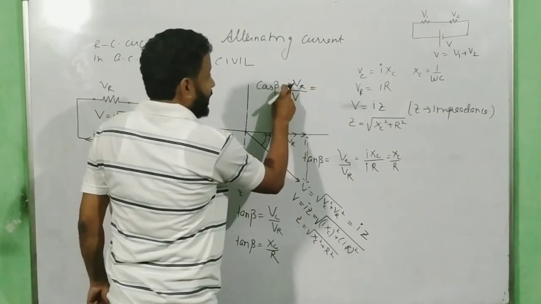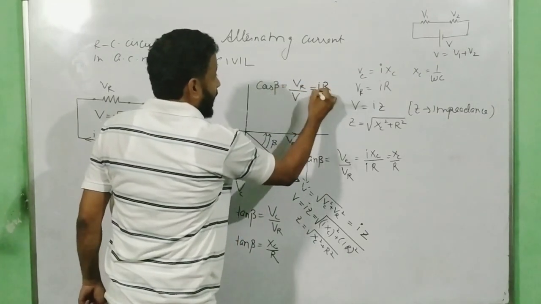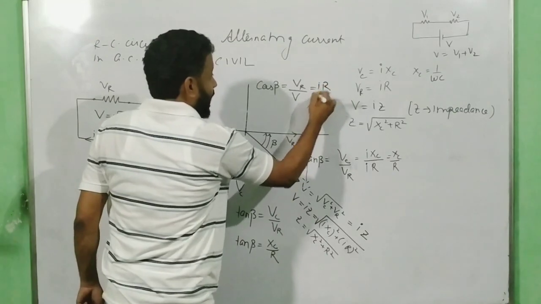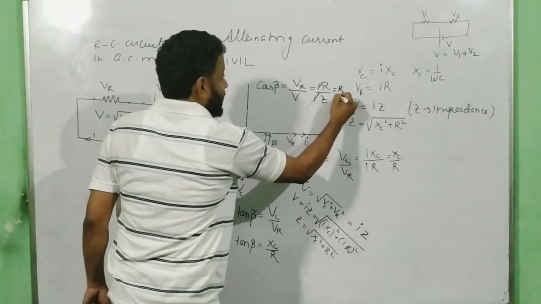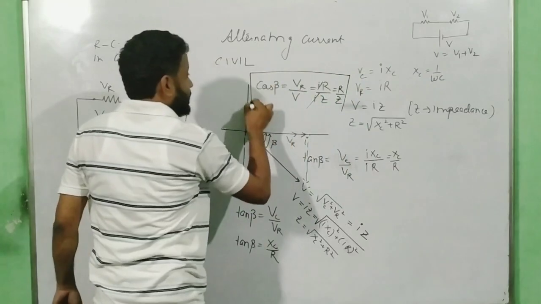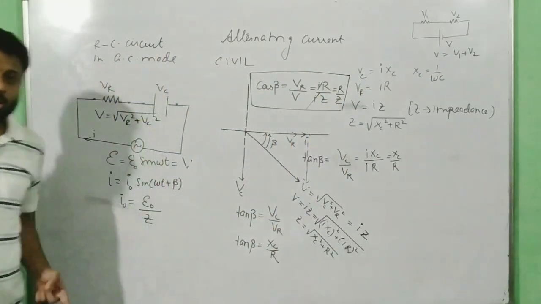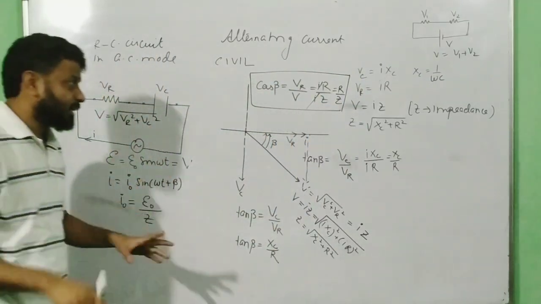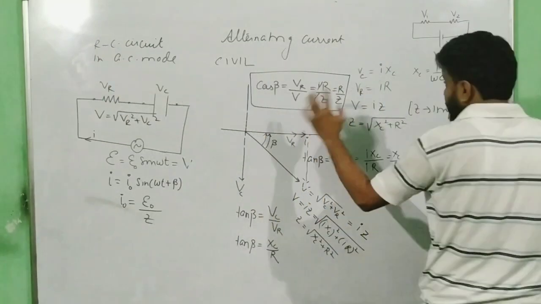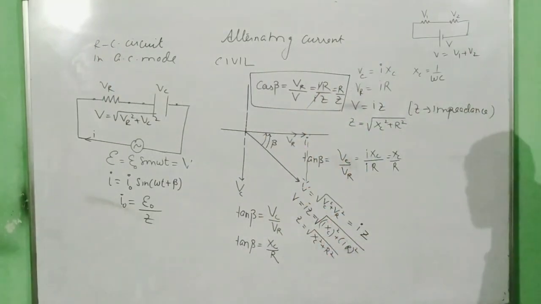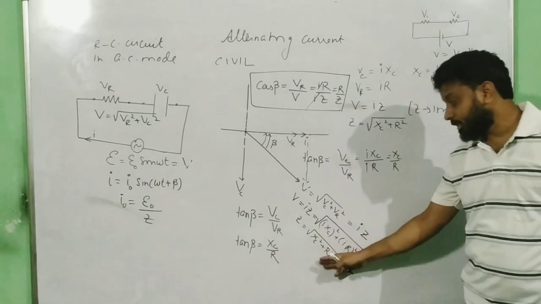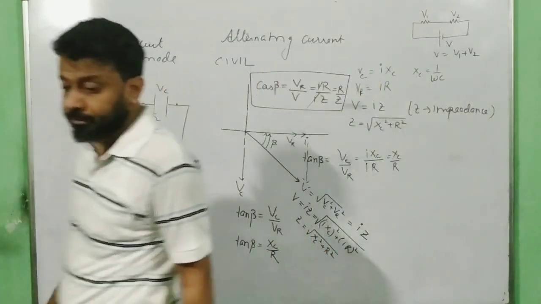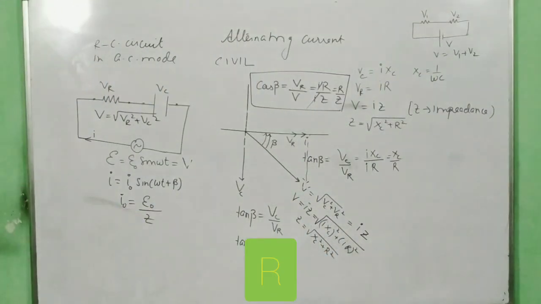And that is equal to, if I write this as I times R, and this as I times Z, so I gets cancelled out, so you will get this as R by Z. This is how we find cos beta. What exactly cos beta is will be revealed to you later, but for each diagram I will teach you how to find cos beta. And remember, what is Z for this circuit? Z for this circuit is this. Please take a note of this.